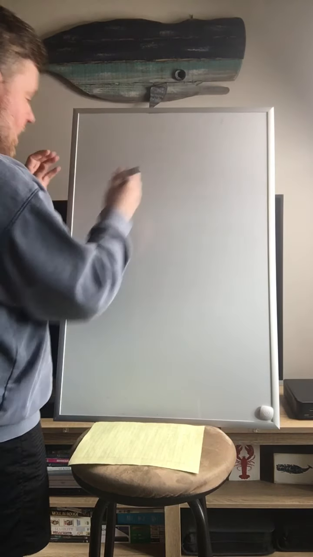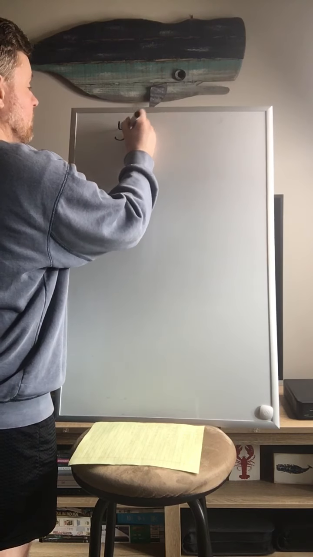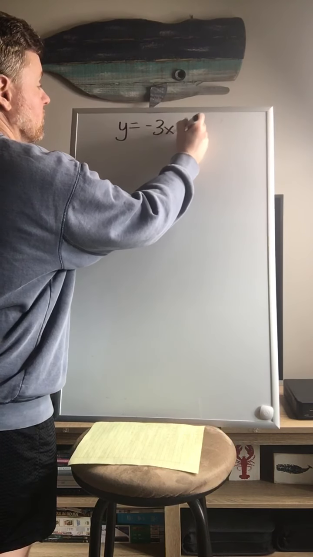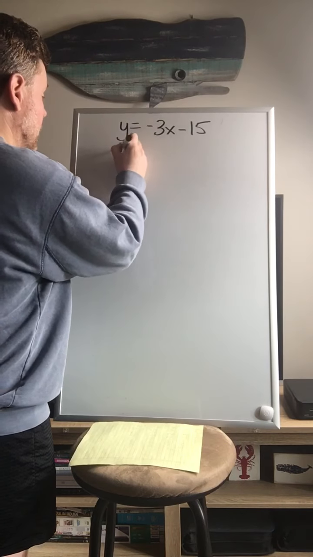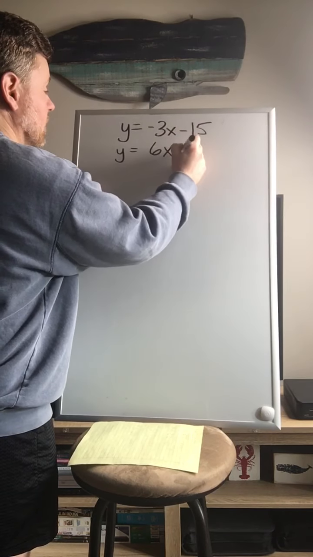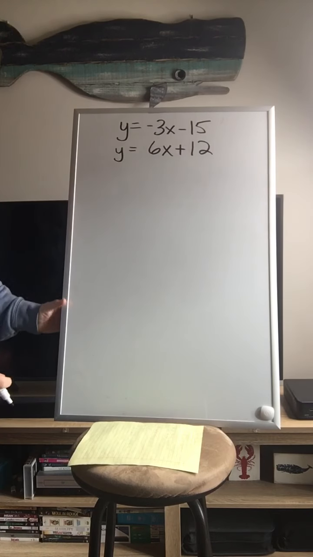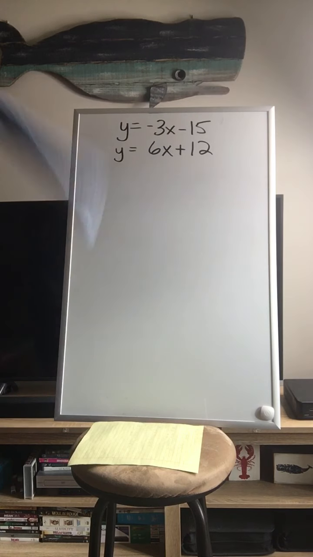So let's say y equals negative 3x minus 15, and y equals 6x plus 12. Okay? So again, this sets up just like the other problem. Now normally we could graph these and find out where they cross, but I don't want to worry about that hassle.